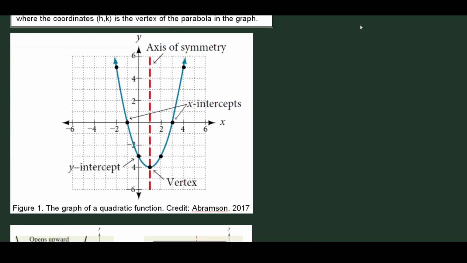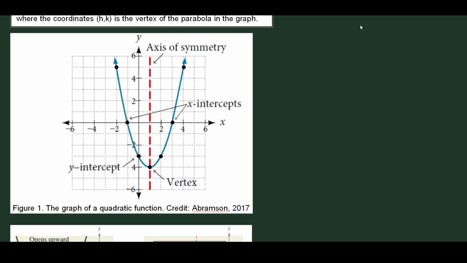Okay, so we have here the graph of a parabola of a quadratic function. As you can see here, there are labels already. The x-intercepts are the intersections of the graph along the x-axis. The y-intercept is the intersection of the graph along the y-axis.